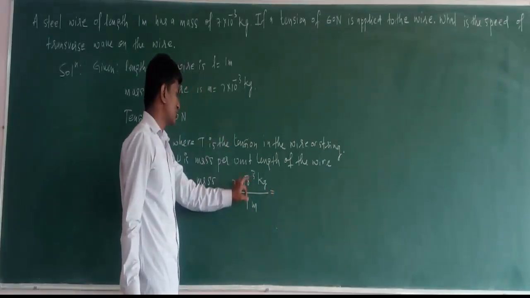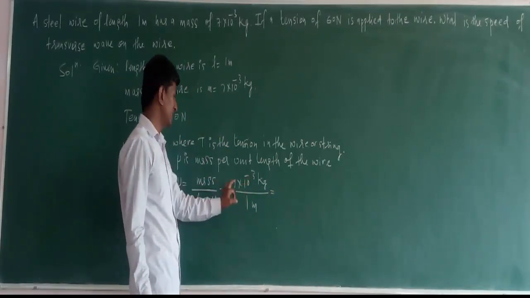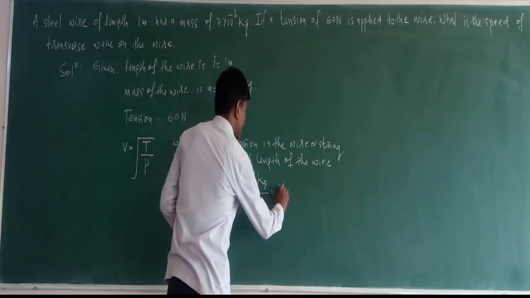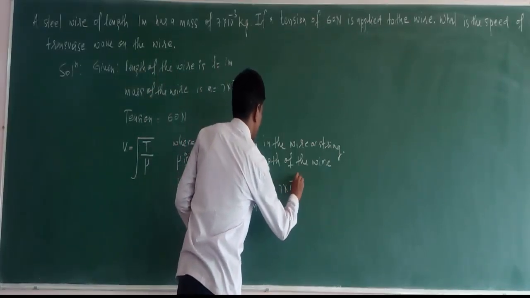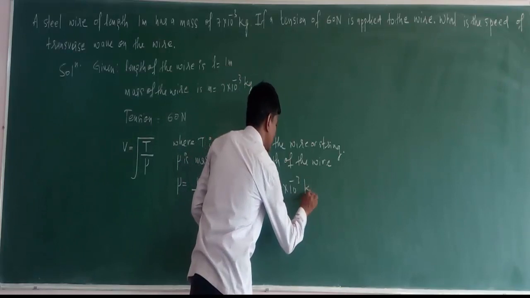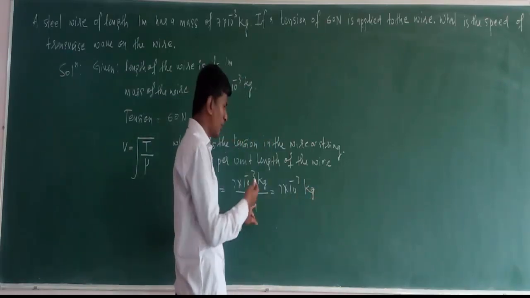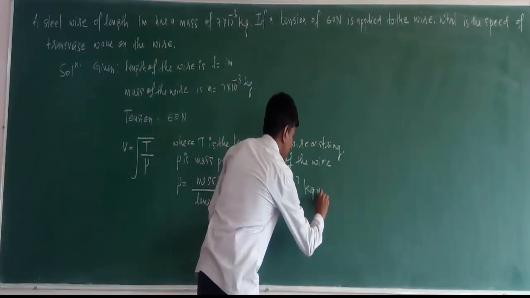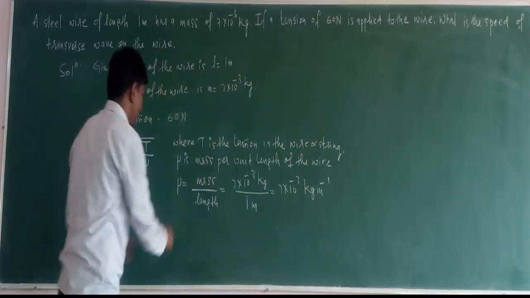So 7 × 10^-3 divided by 1, we get the same thing. The answer is 7 × 10^-3 kg per meter. So this is the value of mu.